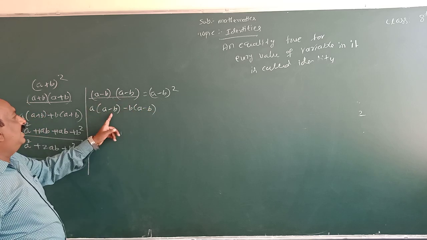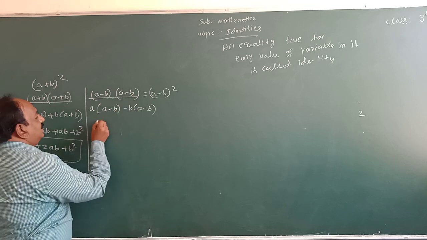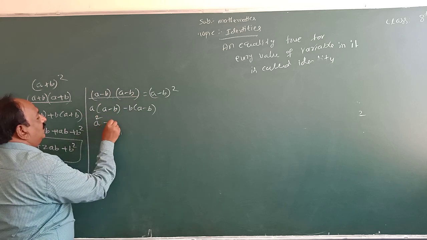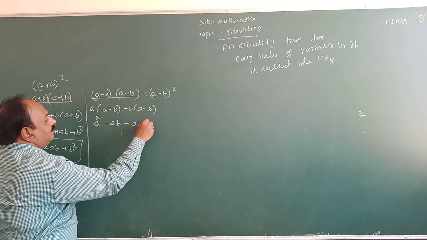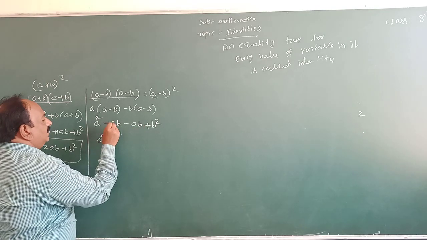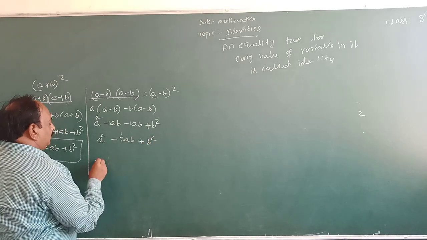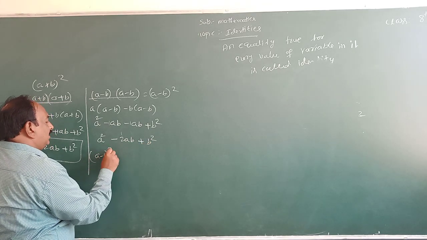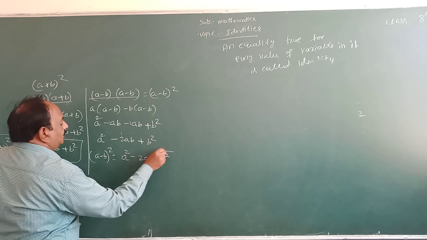A into a is a square, a into minus b is minus ab, minus b into a is minus ab, minus into minus is plus b into b is b square. A square minus 1ab minus 1ab is minus 2ab, plus b square. (a - b) whole square is equal to a square minus 2ab plus b square.